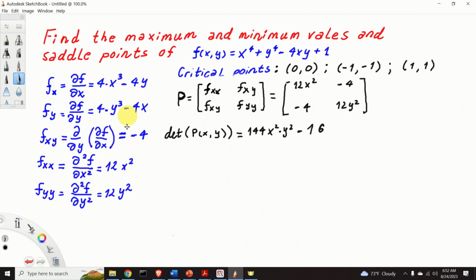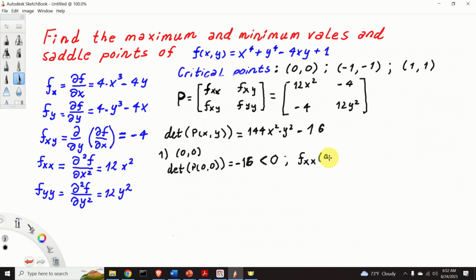First case, I'll denote it here. Critical point 0, 0. Determinant of P of 0, 0 is obviously minus 16. Good. It's smaller than 0. Okay. But how about fxx? fxx, here it is.